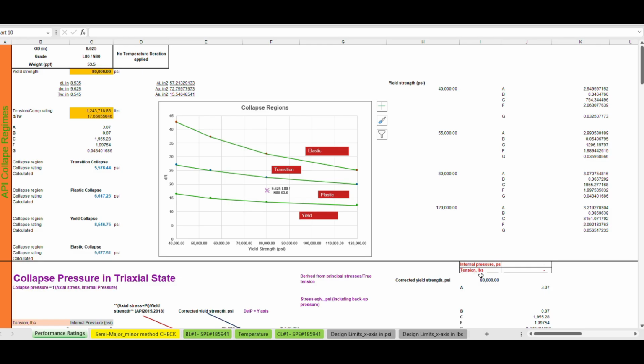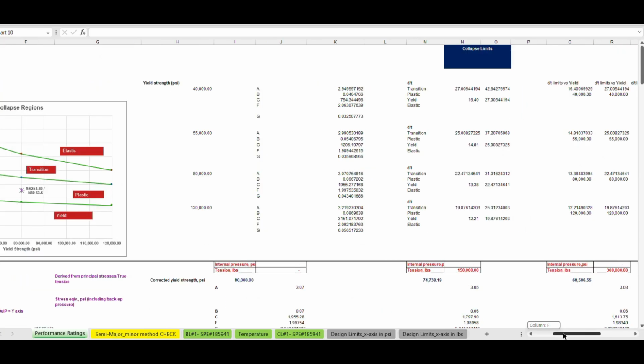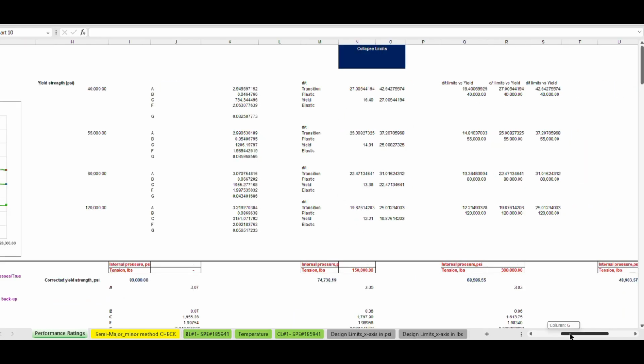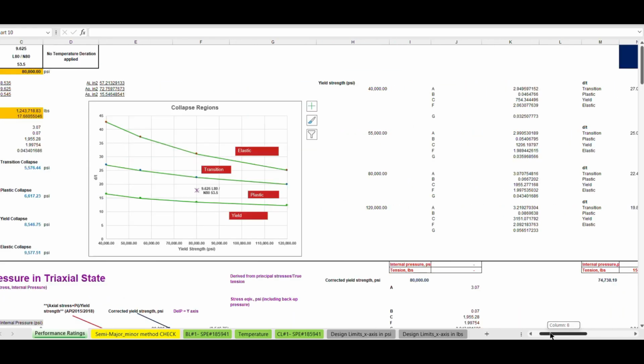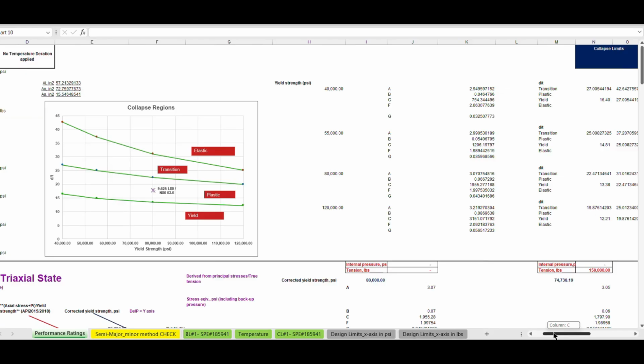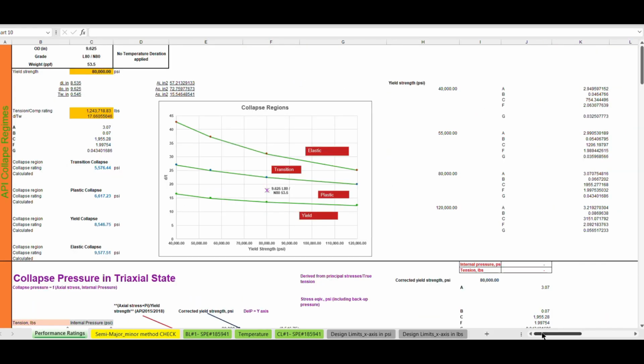As you remember from our discussions, the API collapse regimes refer to different regions with some constants from A to G. Given the constants, the diameter over thickness ratio, and the yield strength, the casing can fall into different collapse regimes. So the 9 5/8 casing falls into the plastic collapse regime with this diameter over thickness ratio and the yield strength.